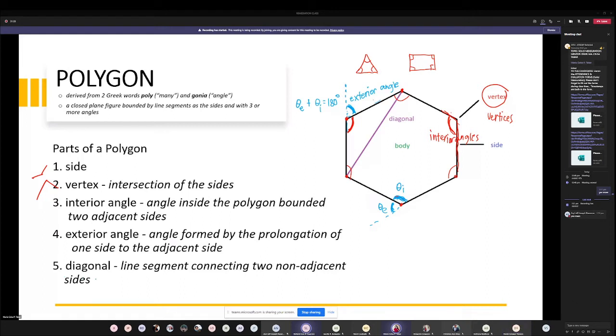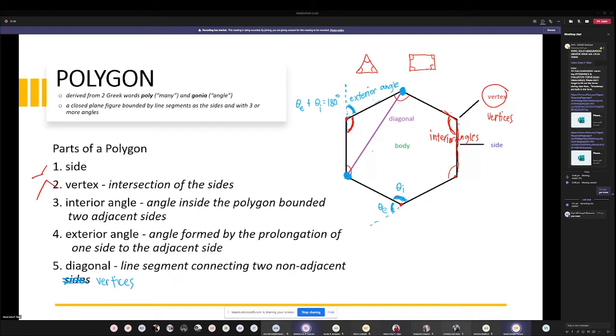If this is one of the vertices, we need to get another vertex, but it should be non-adjacent. Because if it's adjacent, then it's called a side. Sorry for the typo. This should be non-adjacent vertices.